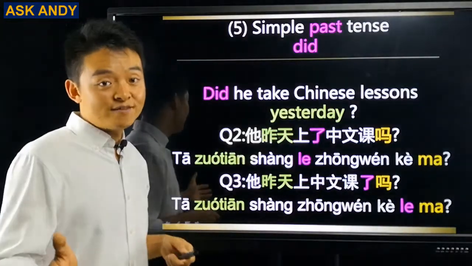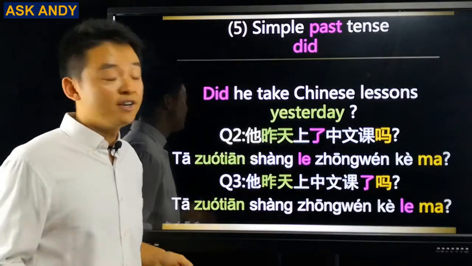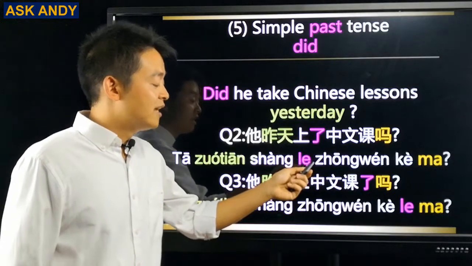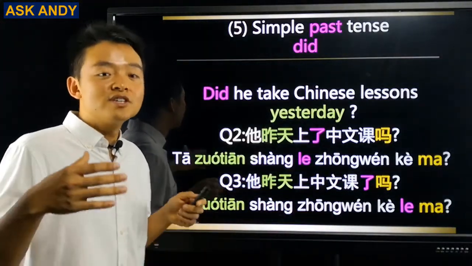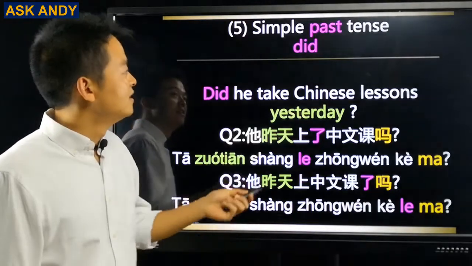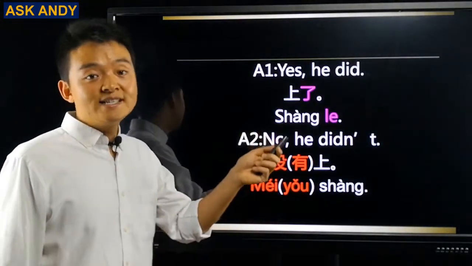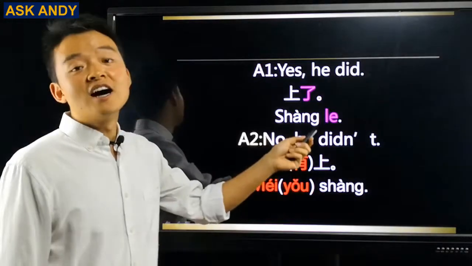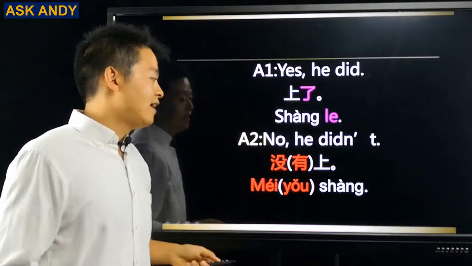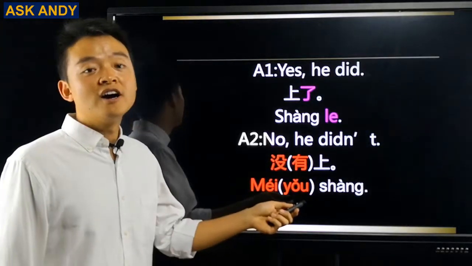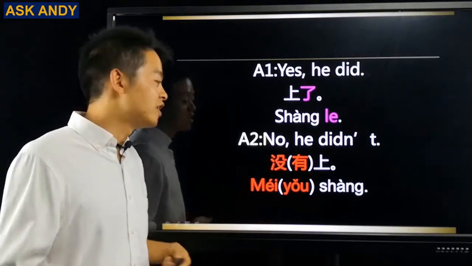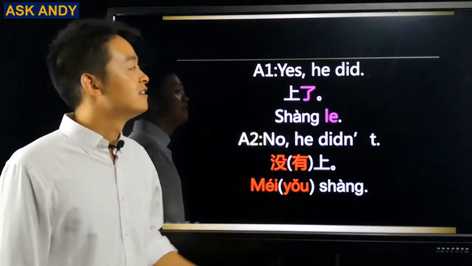You may ask what's the difference between question 2 and question 3 for the le after the verb and the le in the end of the sentence. I'm going to make another video to talk about that later. For answer 1, yes, he did, in Chinese is 上了. And for answer 2, no, he didn't, it is 没有上, or 没上.